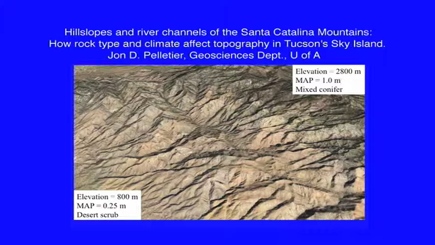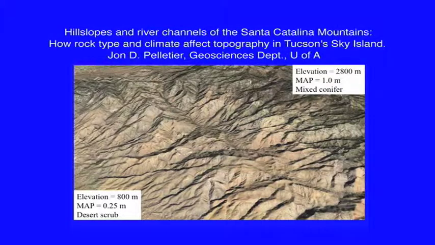What that means, that change in climate as a function of elevation, is that different vegetation can grow at different elevations. And so there are distinct life zones as you go up in elevation. So that's the classic idea of a sky island. The idea is that the forest, which can grow above about 2,000 meters above sea level up to the highest elevations, needs a certain amount of precipitation to grow, and we get that precipitation at high elevations only, and so that's the island within the sea of the desert floor around it.